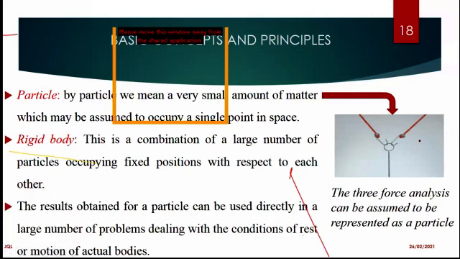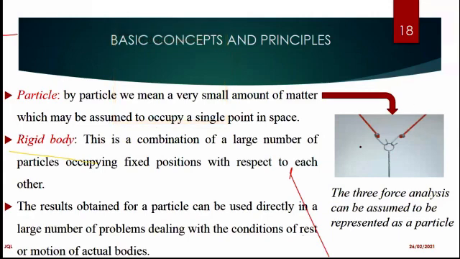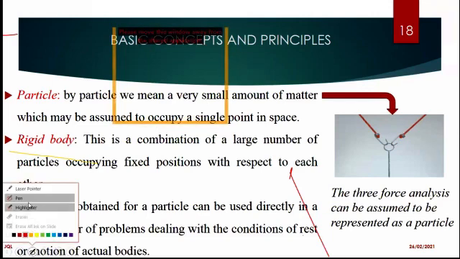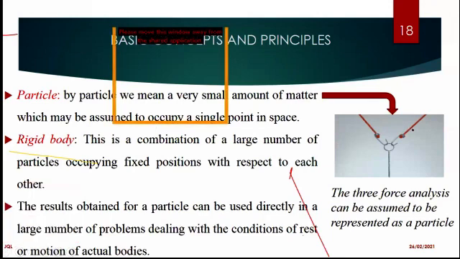This is just an example. You can see that there is a rope there and another rope there and another rope there. For you to analyze that, it will be easier to make this a particle, where you assume that that will be a force and another force, and of course another force.